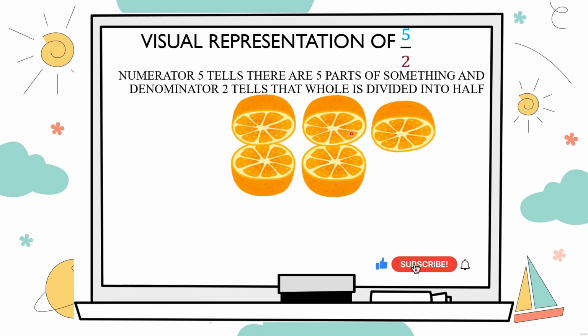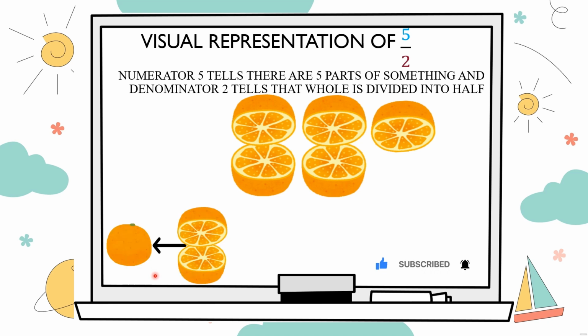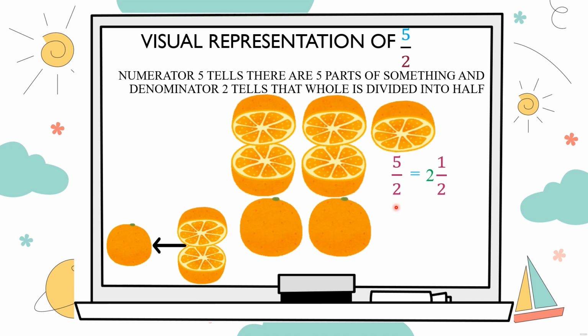So in all we have 5 half pieces, and you know that 2 half pieces will make one full orange. So this is one full orange and this is another full orange. 5/2 will be 2 full oranges and 1 half orange. So we can write 5/2 as 2 1/2. And 2 1/2 is a mixed number.